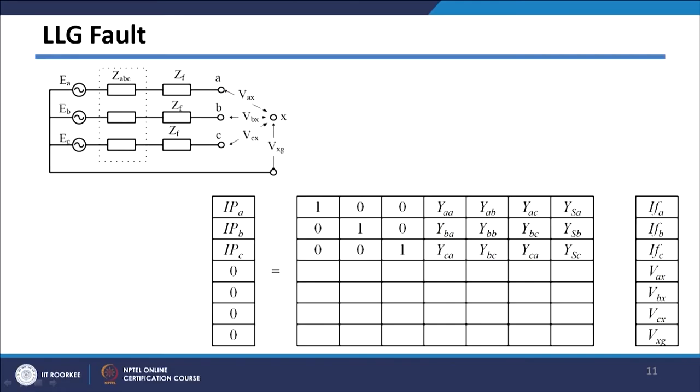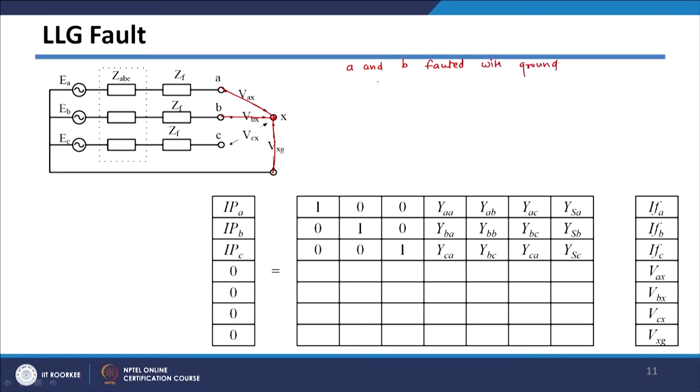In this case, as I told you, 2 lines will be short circuited with respect to ground. So these 3 voltages will be 0. Say A and B are faulted with ground.